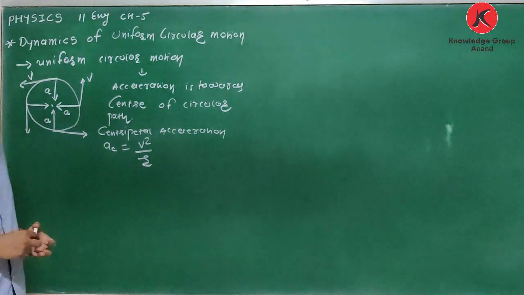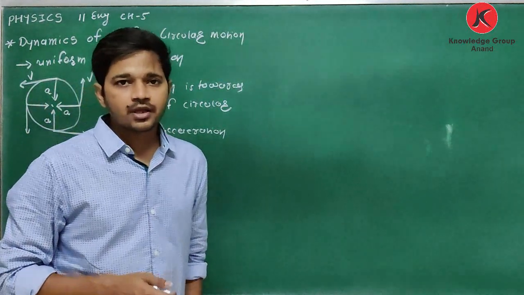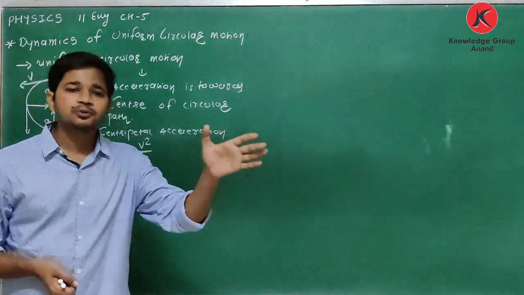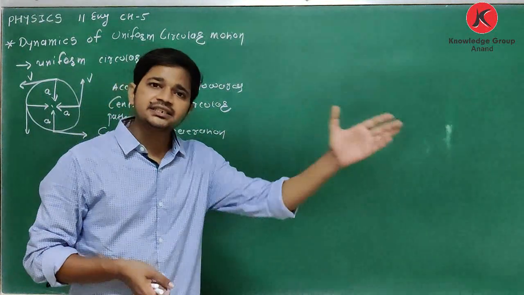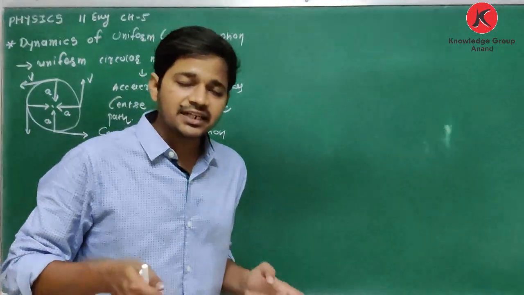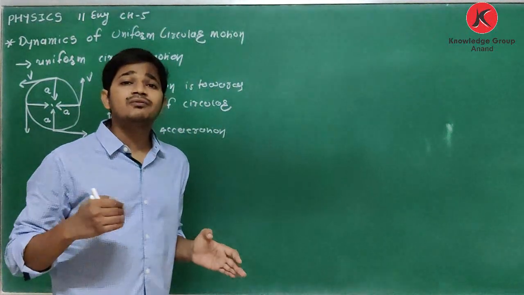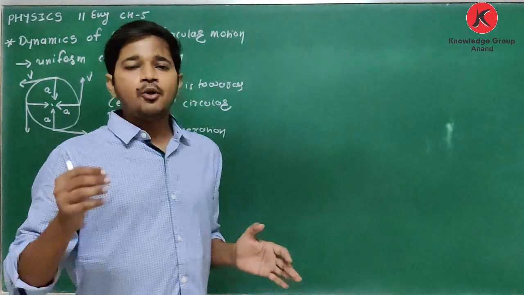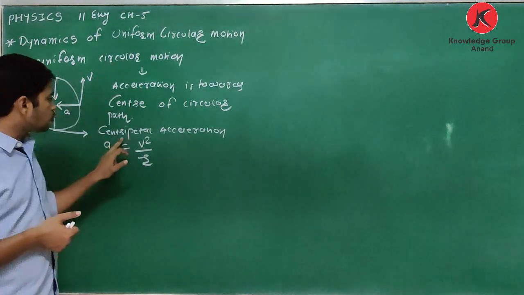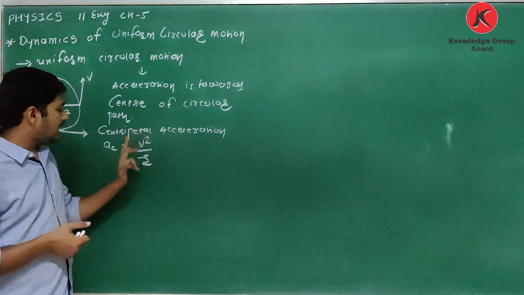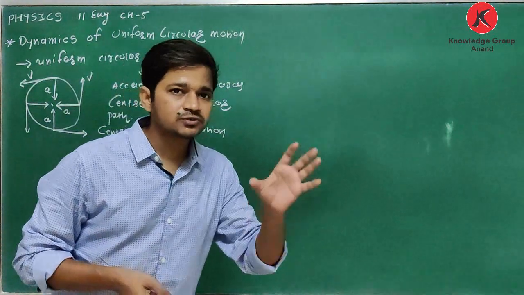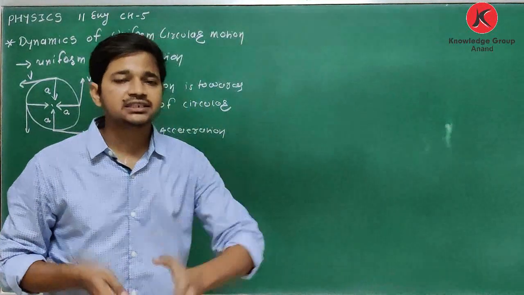Now, what is Newton's first law of motion? If there is some external force, then acceleration is produced. If external force is zero, then the object is at rest or moving with uniform velocity. But here in uniform circular motion, as the object is performing accelerated motion, there must be some force acting in the direction of acceleration.